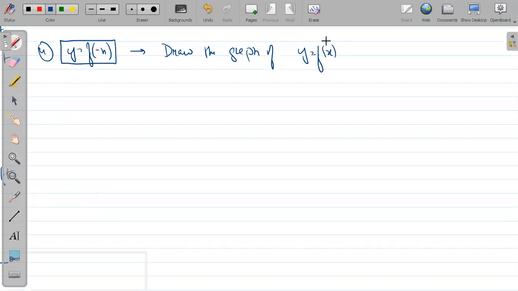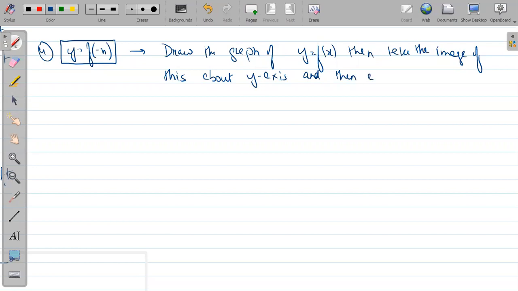Then take the image of this graph about, try to understand, the y-axis, and then erase the original graph. This is the concept. Let's have some examples.